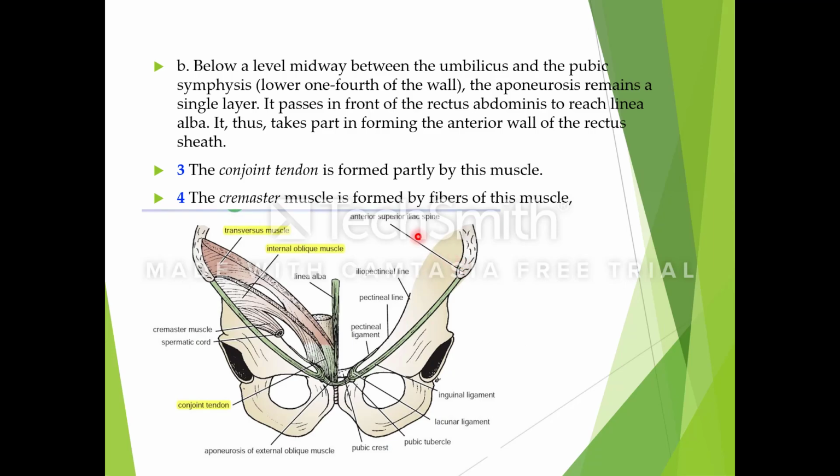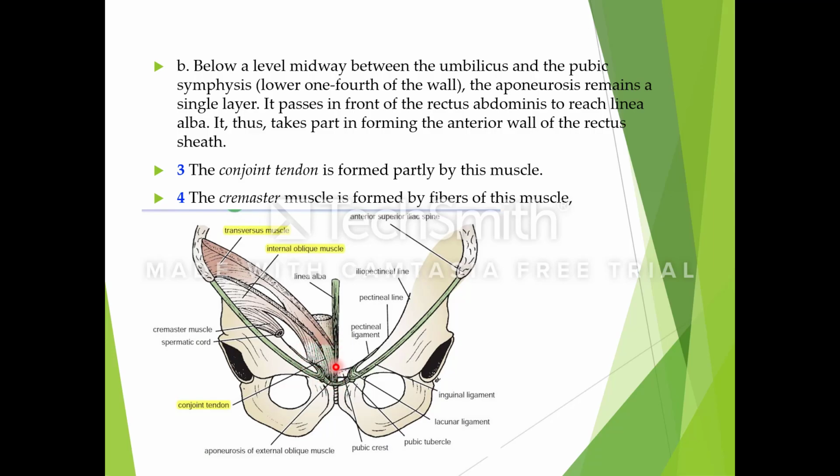Now, the internal oblique muscle also forms the conjoint tendon. Remember this thing, the conjoint tendon. In this diagram, you can see this is the internal oblique muscle and this is the transversus abdominis muscle. These two muscles will form one conjoint tendon. So in the exam, it can be asked how the conjoint tendon is formed.